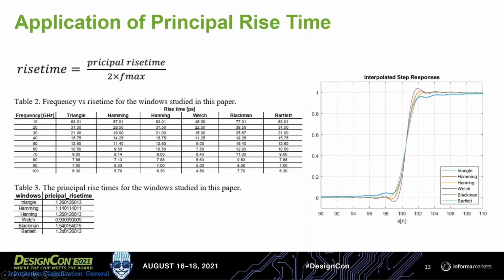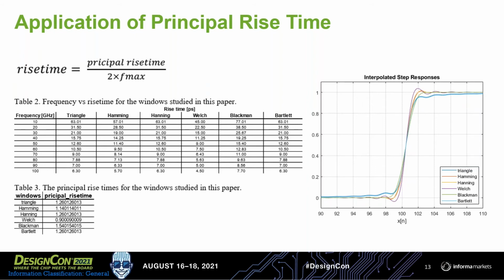So the Welch function in this group gives you the fastest rising edge for a given set of frequency content. Conversely, the Blackman window has the slowest rise time. So Blackman will give you the absolute slowest edge rate for a given frequency vector.